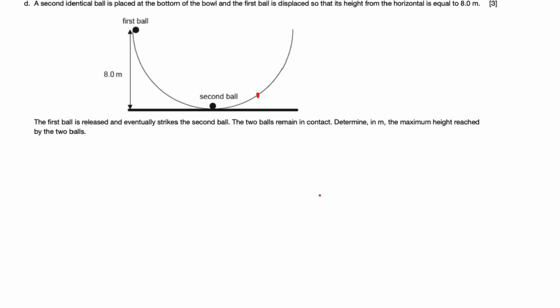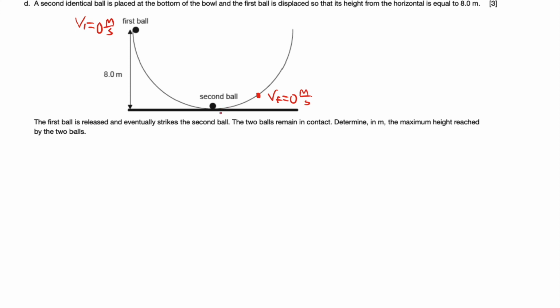The initial velocity of the first ball is 0 meter per second, and this is also 0 meter per second. When they reach their maximum height, the final velocity is going to be 0 meter per second. Because they stay in contact, we can use conservation of momentum to solve the problem.